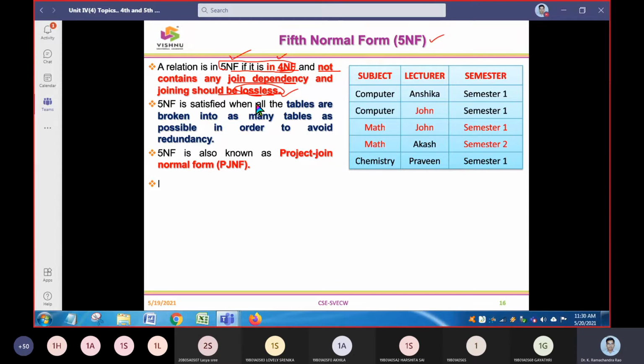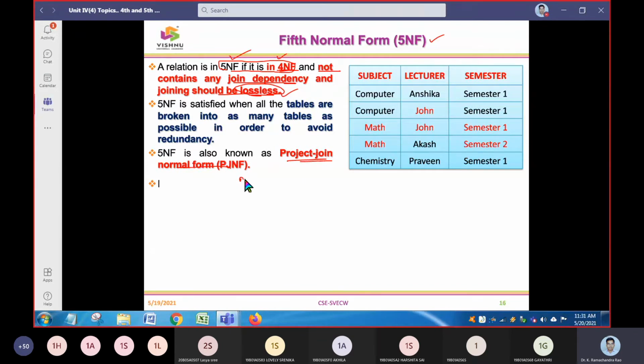See how many conditions this is fitting. First, it should be in the fourth normal form, there should not be any join dependency, and the data should not be lost. So how is it implemented, or how is it known? We call it project-join normal form.